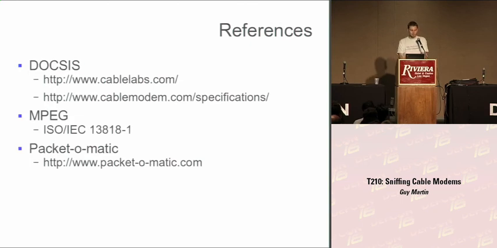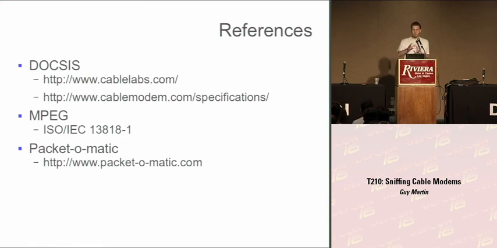Okay, so references, if you want to dig deeper into this protocol, you can find the full protocol specification on cablelabs.com. It's all open. They just hide a bit of stuff regarding the encryption, but still, you can find it. As I said, the encapsulation works this way.